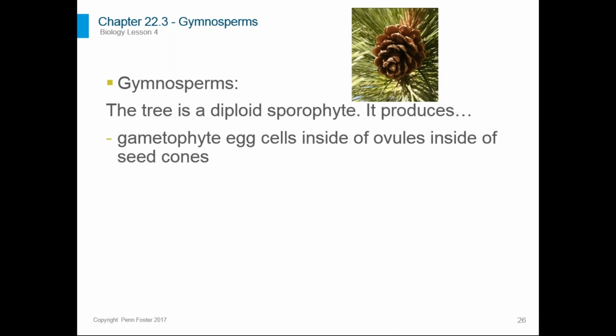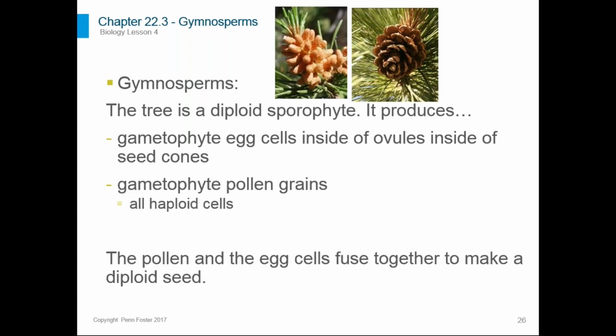It produces gametophyte egg cells inside of ovules, which are inside of the seed cones, and it produces gametophyte pollen grains, which are inside of the pollen cones. And the egg cells and the pollen grains are haploid cells. Okay, so those are haploid, and they're going to fuse together to form a diploid seed.